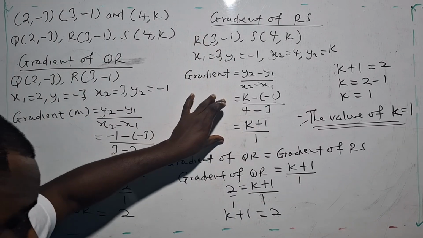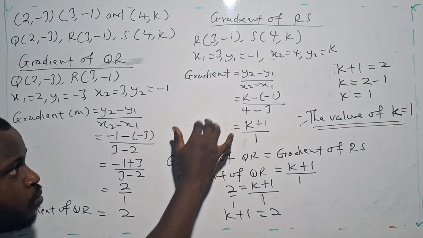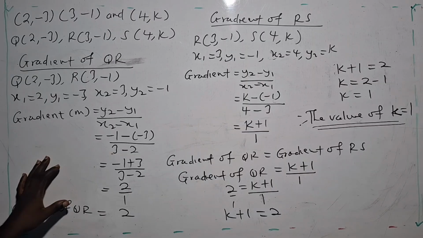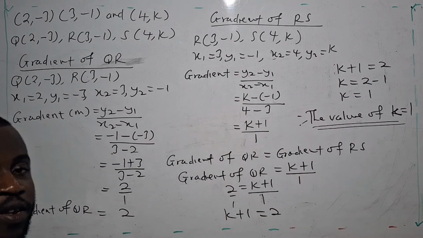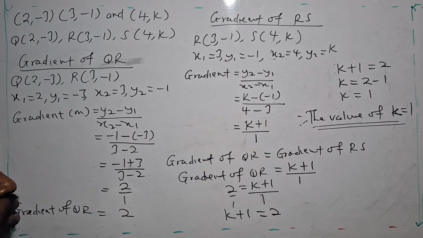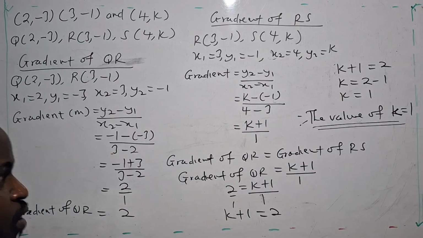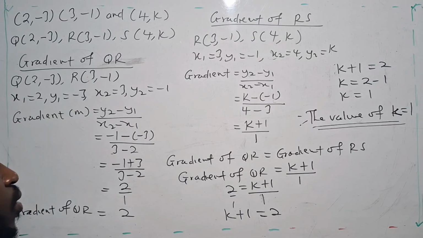When we reach here, we have to find the value of K. The gradient that is missing here, we can replace with the gradient of QR. So this is how we solve this. All the questions I've selected are past questions. So you can pause the video and solve, to see if you get the same answer.